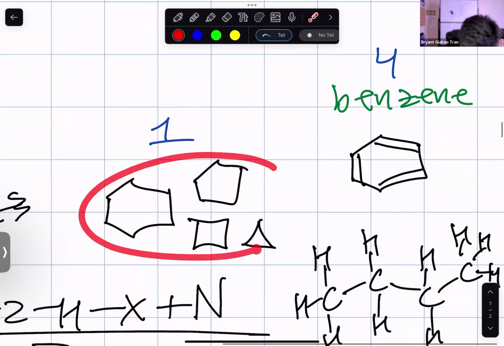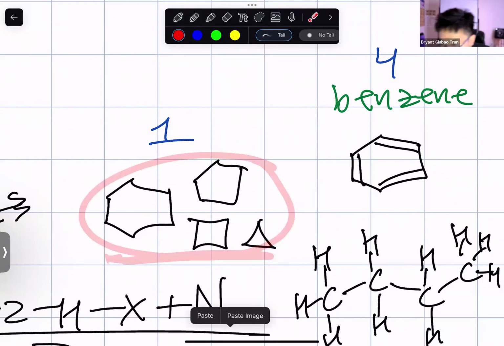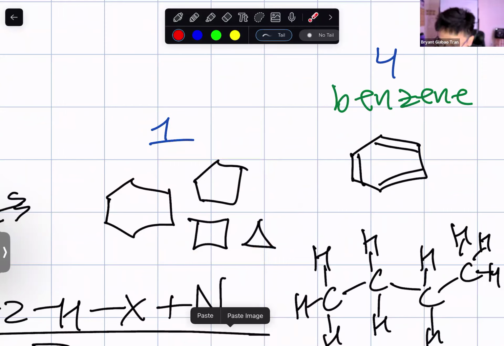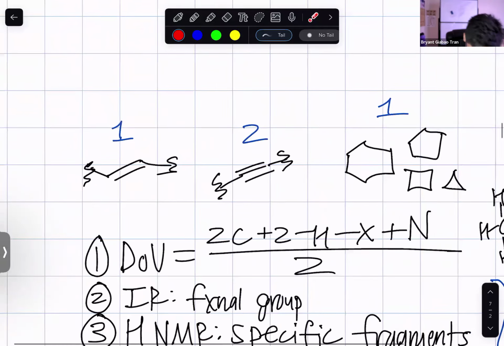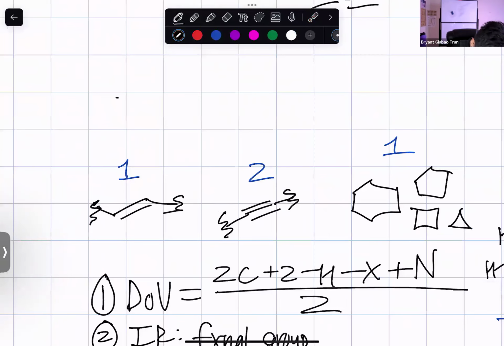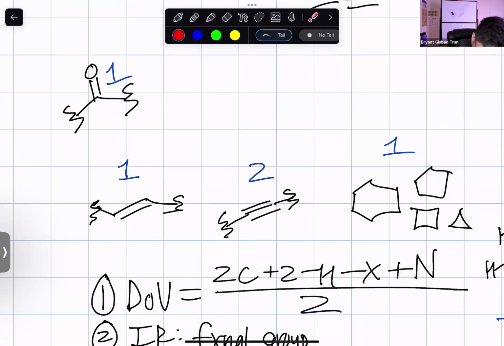Unless it's a cycloalkane ring. Would a C double bonded to anything other than a C, like an O, count as a DOU 1 or DOU 2? That's a good question, because if we have a carbonyl, like carbon double bond oxygen, that would count as a DOU of 1, still a double bond.